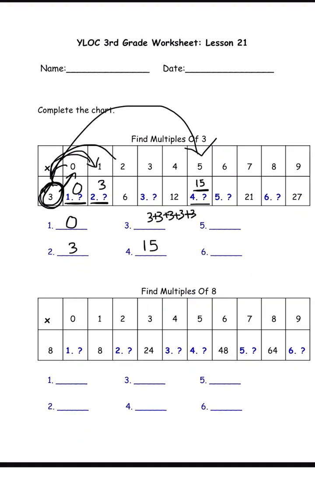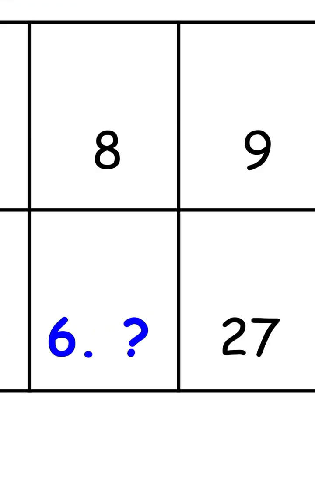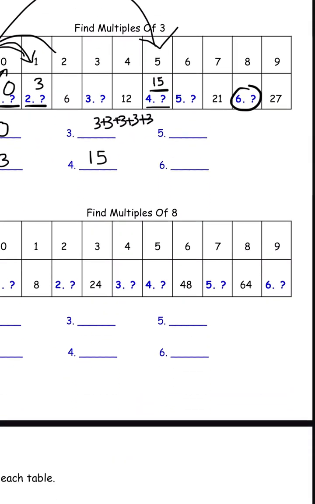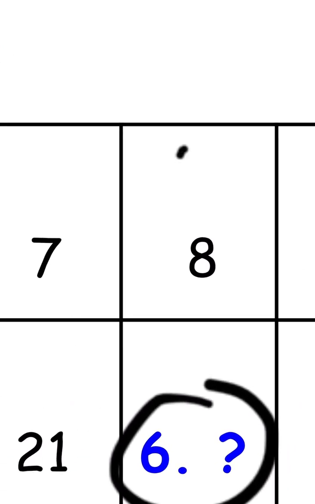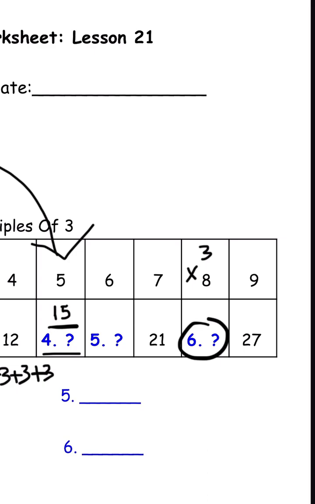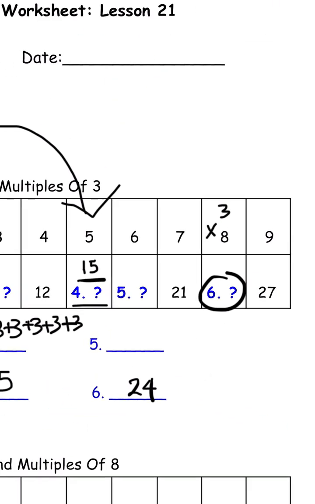And then let's look at number 6 over here. Now we need to multiply 3 and 8. If there are 8 of the 3s, then we're going to get 24. So 3 times 8 is the same as adding 8 3s.